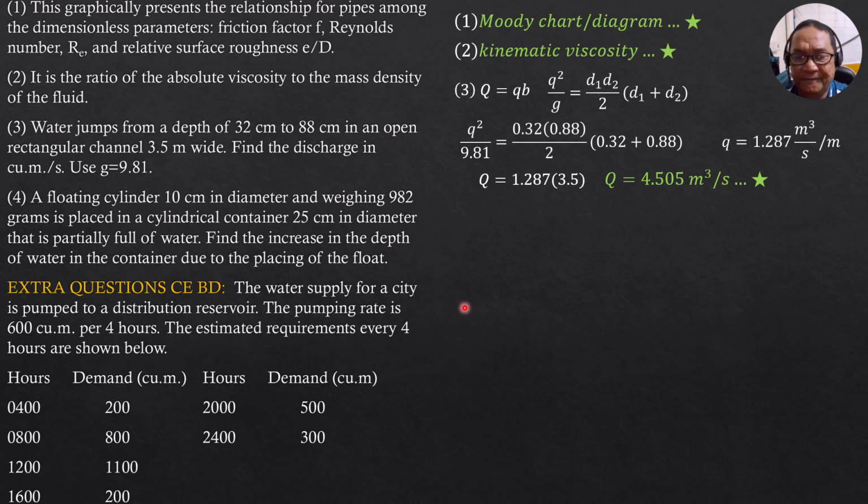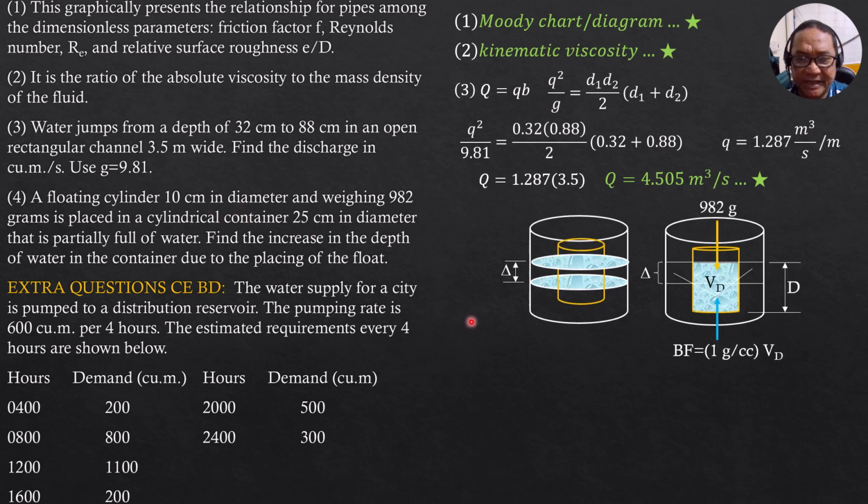To help visualize the situation, to help analyze, we have a bigger container 25 centimeters in diameter or 12.5 centimeters in radius, and the floating cylinder 10 cm in diameter or 5 cm in radius, and it weighs 982 grams.